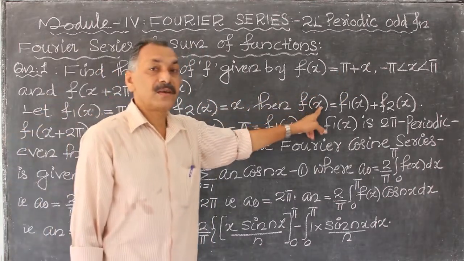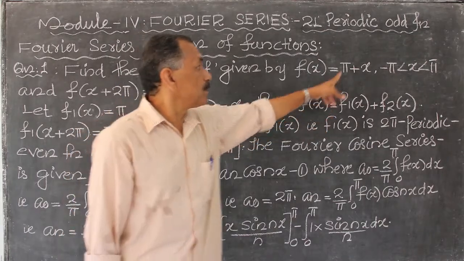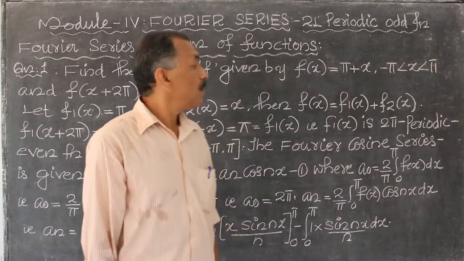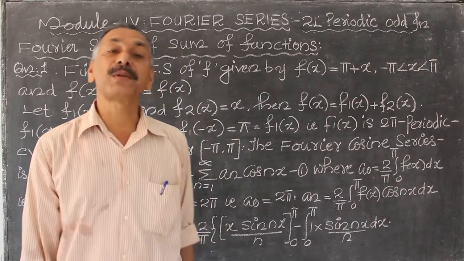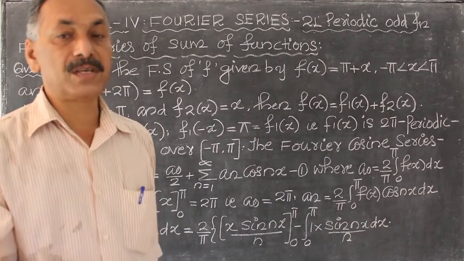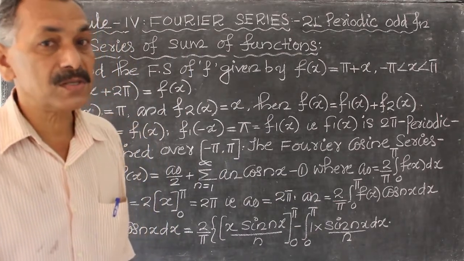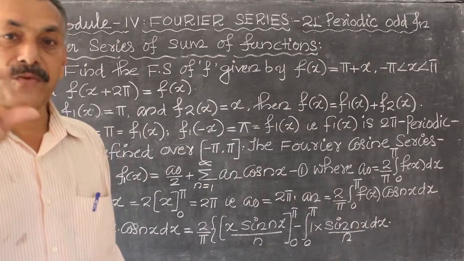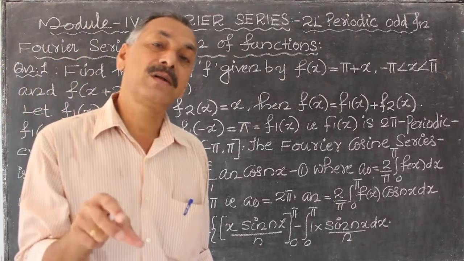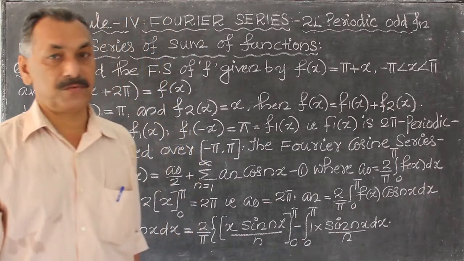Then f of x is equal to f1 of x plus f2 of x, or f is equal to f1 plus f2. Hence, the Fourier series of f is equal to the Fourier series of f1 plus the Fourier series of f2, or the Fourier coefficients of f are equal to the Fourier coefficients of f1 plus the Fourier coefficients of f2.